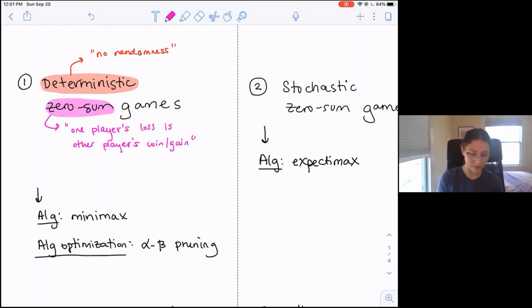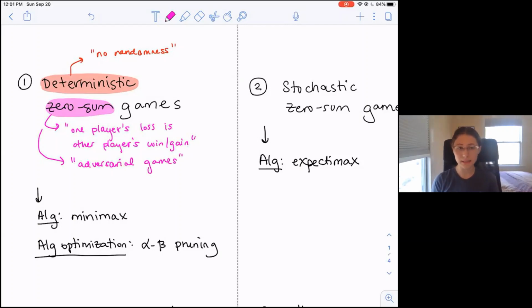Another thing you might hear these games being called are adversarial games. And in the context of these types of games, today we'll see one algorithm, specifically the minimax algorithm, as well as one optimization to this algorithm called alpha-beta pruning.